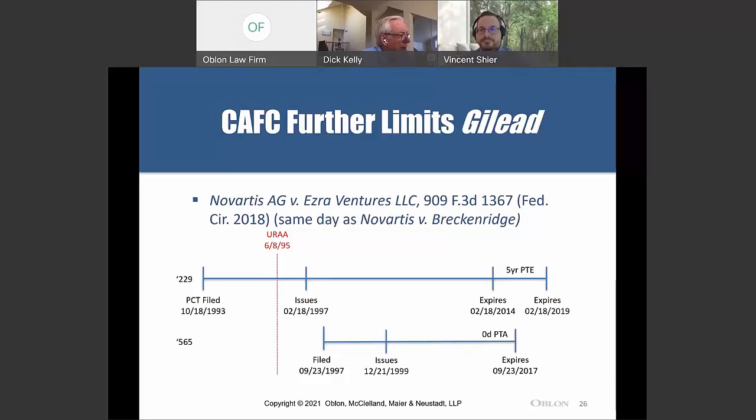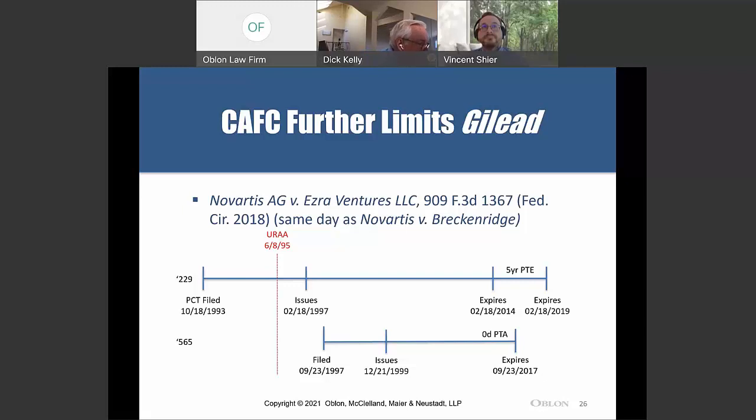Second, you're also looking at the claims, because when a generic files its ANDA, it can exclude, under the skinny label, any patented indication. So if the 565 patent was adding a new indication, that could be excluded.